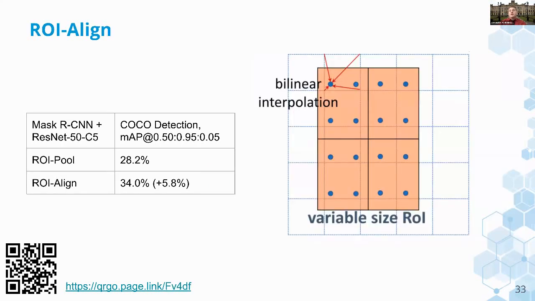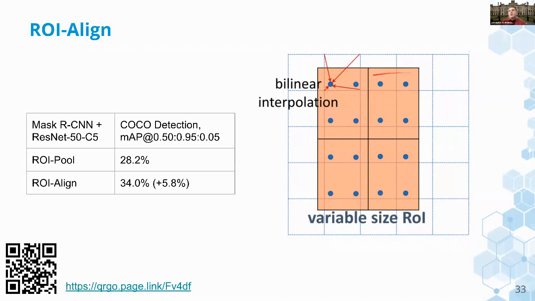Okay, the second idea is called ROI-Align, which is an improved version of ROI-Pooling. Generally, ROI-Pooling has one major drawback. It works only for integer-based ROIs. So assume that we have an ROI located at non-integer coordinates.